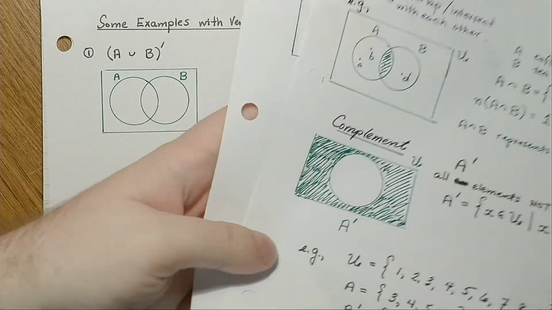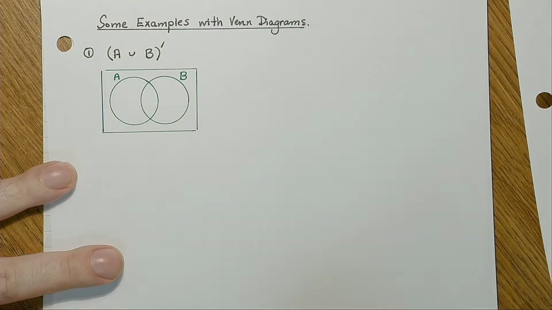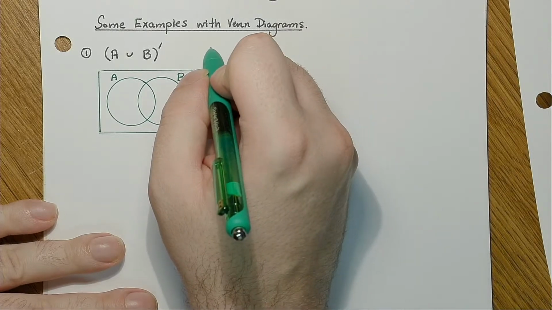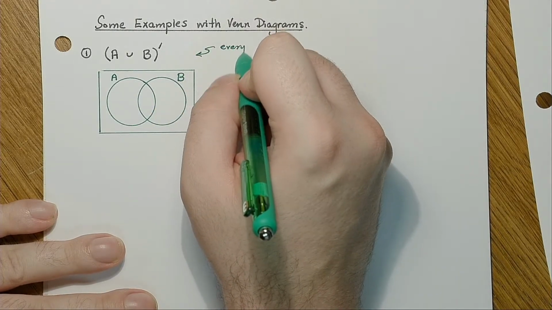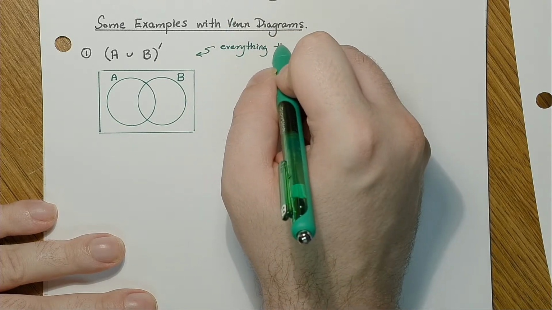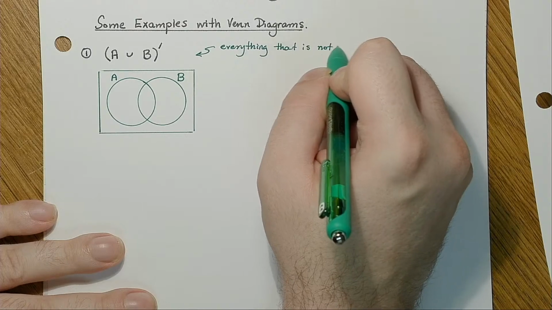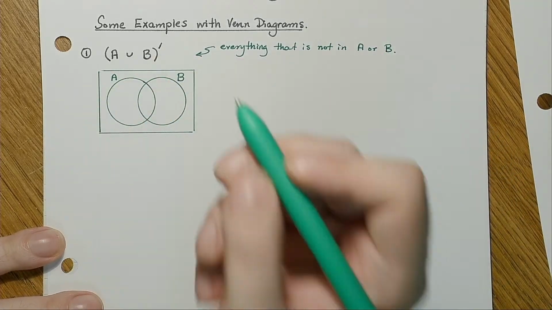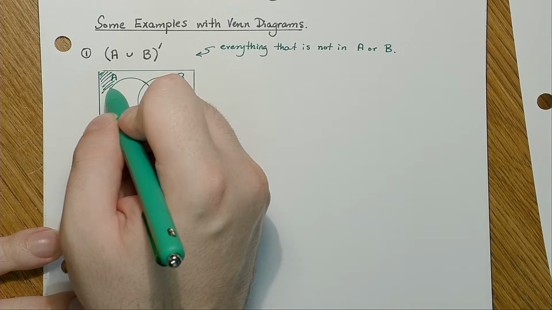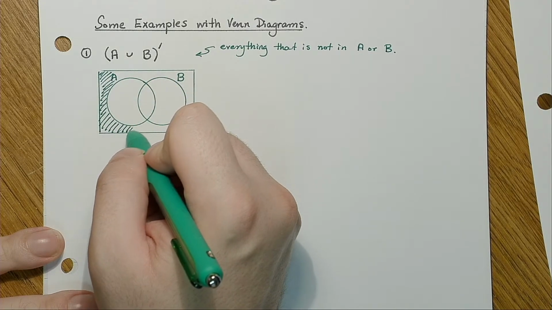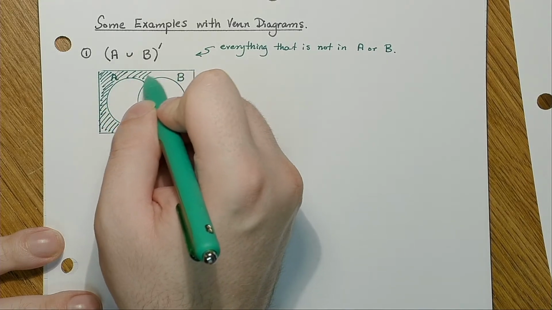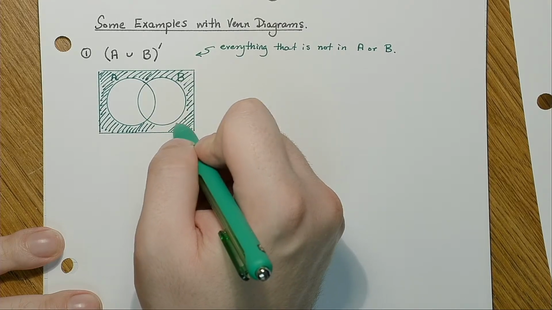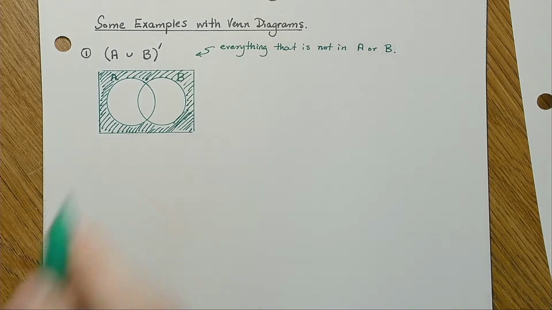And that's what we do. So in this case, it's everything that is not in A or B, or both. Shade this in. And we're done.